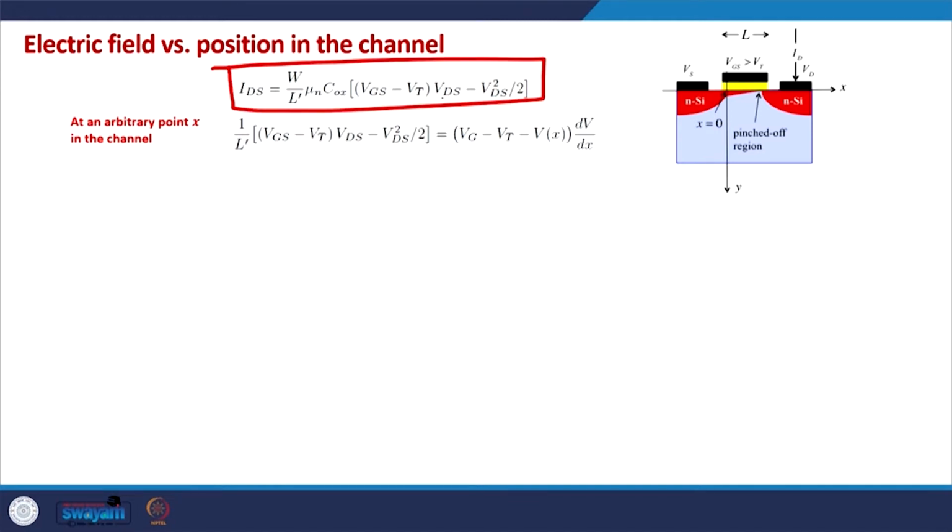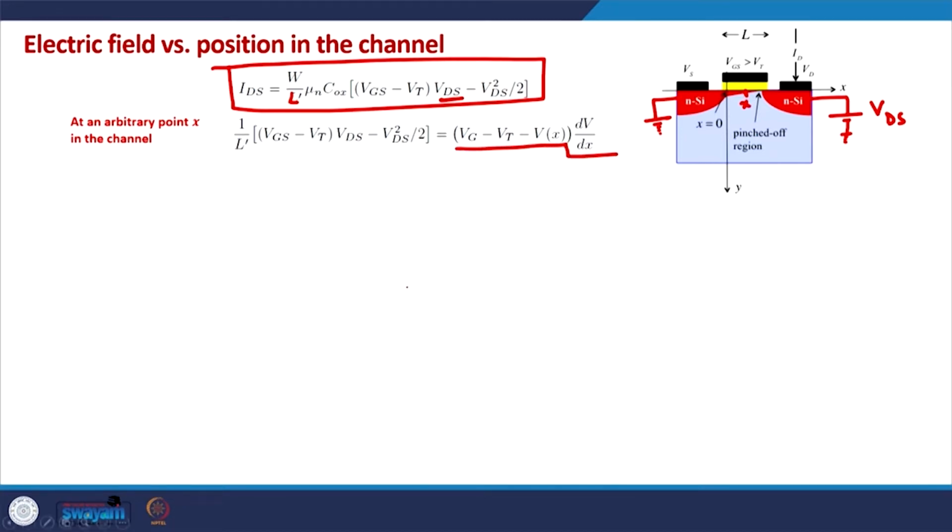In this expression, since VDS is there, instead of L prime we have L. So, please consider this to be L, not L prime, because when we consider VDS, which is the voltage applied on the drain terminal, this should be L. So this prime is not there, and this is the expression of the current. The current at any arbitrary point x in the channel can be written in this way from the basic equation of the current.